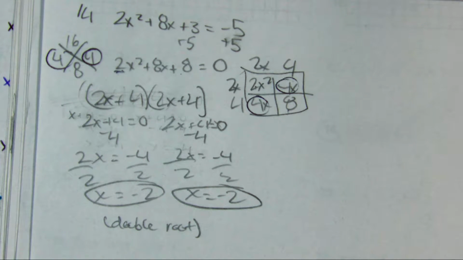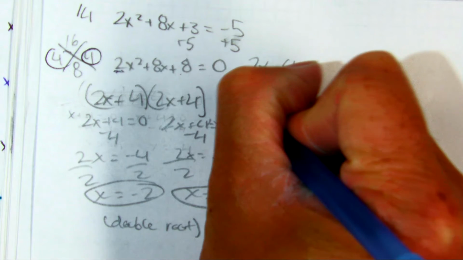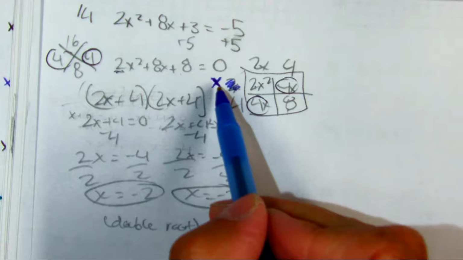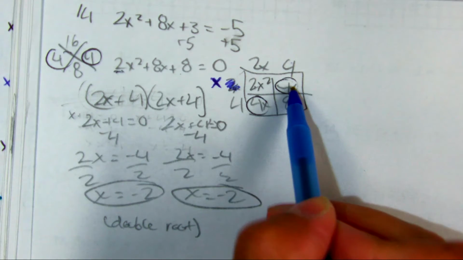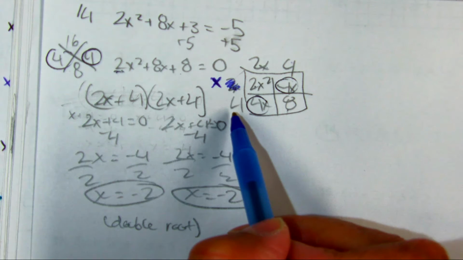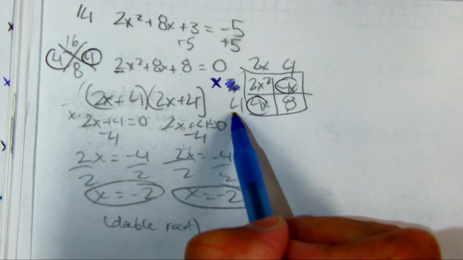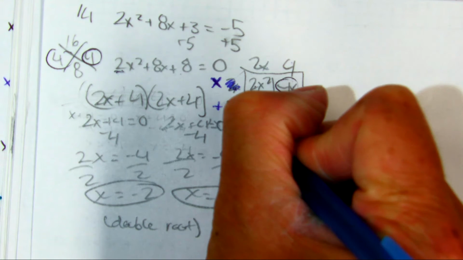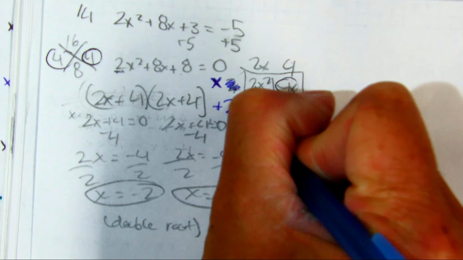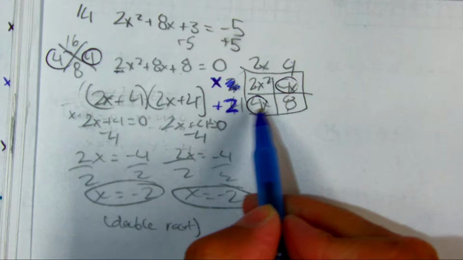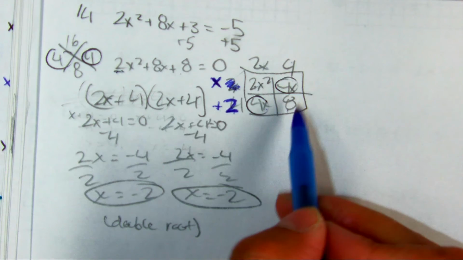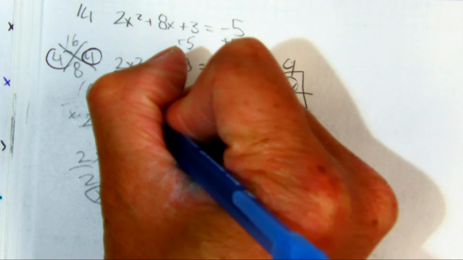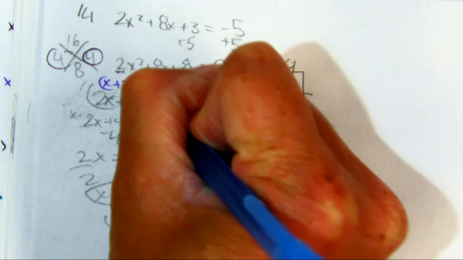So that means we can keep one of these as an x, and then that will give us 4 times x is 4x. 2x times what, class, equals 4x? This would have to be a 2. 2x times 2 gives me 4x, and then 2 times 4 gives me 8. So my answer is going to be x plus 2 and 2x plus 4.